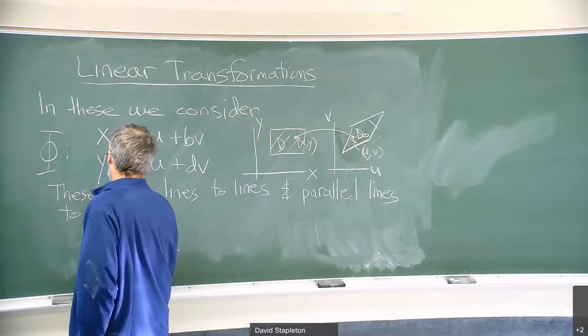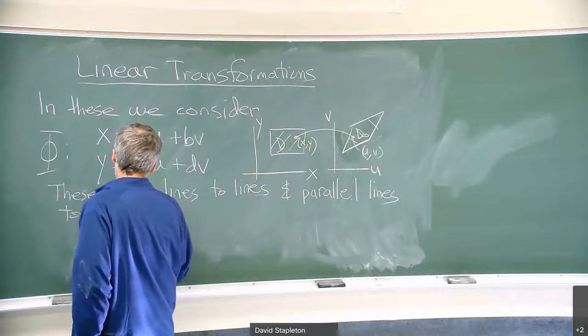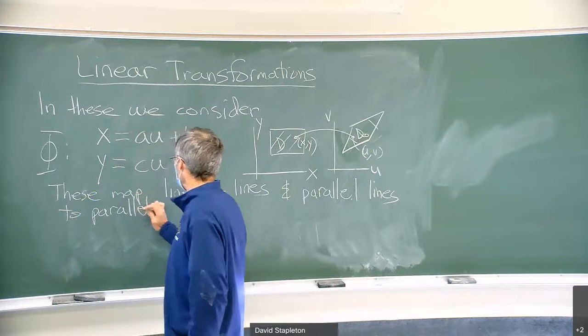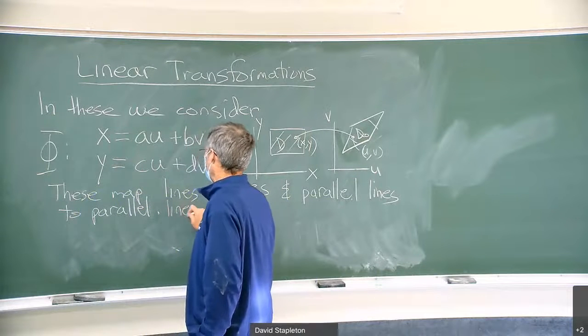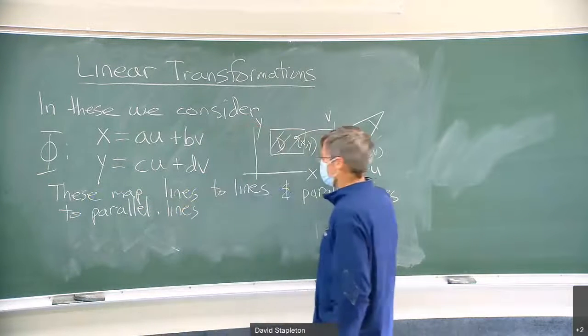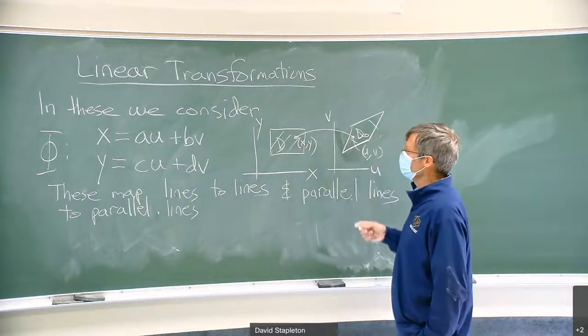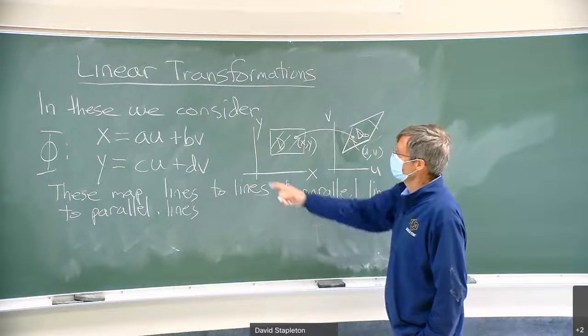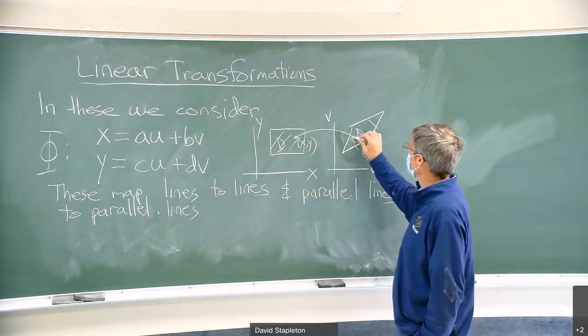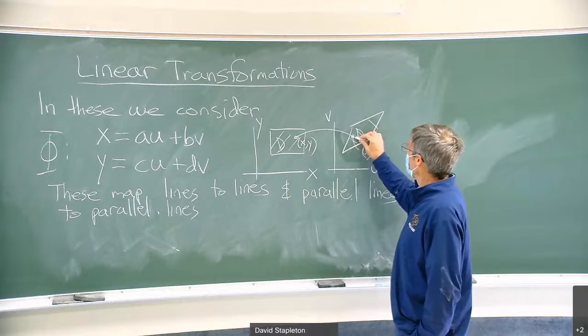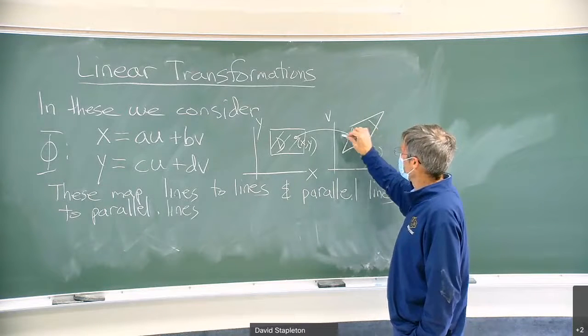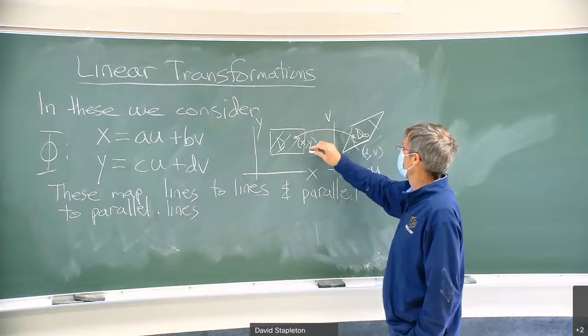And because this is a continuous transformation, it'll map the interior in one space to the interior in another. Whenever you have a continuous map, and certainly a linear map is a continuous map, you can't just be mapping points inside this space and moving along and then have it suddenly jump outside the region in this space.